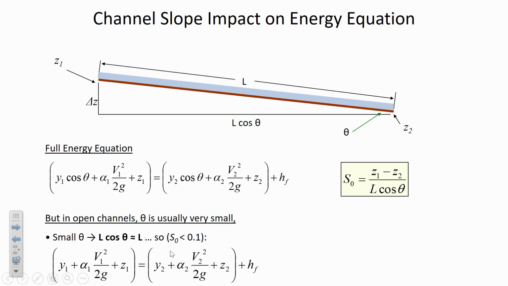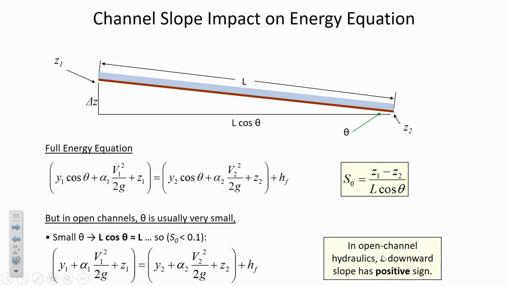Even for a slope of 10%, the cosine of theta is going to be about 99%. And so the length and the length times cosine theta are about the same. So in open channel hydraulics, we usually won't distinguish between the physical length of the channel or the top view length that's measured on a map.